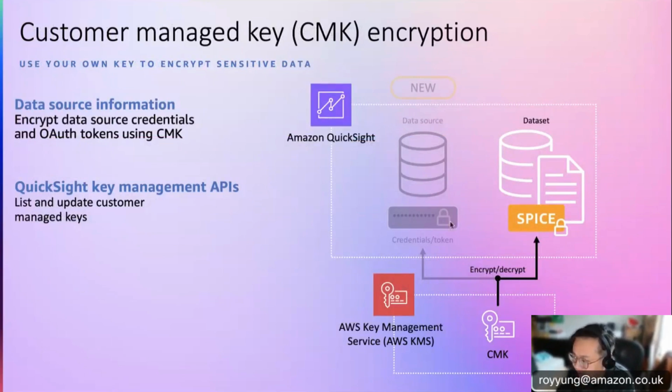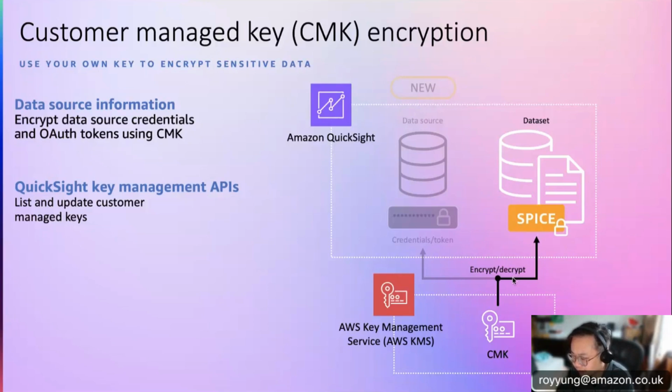Another update on security is that you can use customer managed key encryption. We call it CMK. Previously, as in this diagram on the right hand side, when you are loading data from your data source into the QuickSight Spice storage, QuickSight uses a QuickSight native AWS managed key to encrypt or decrypt your Spice data.